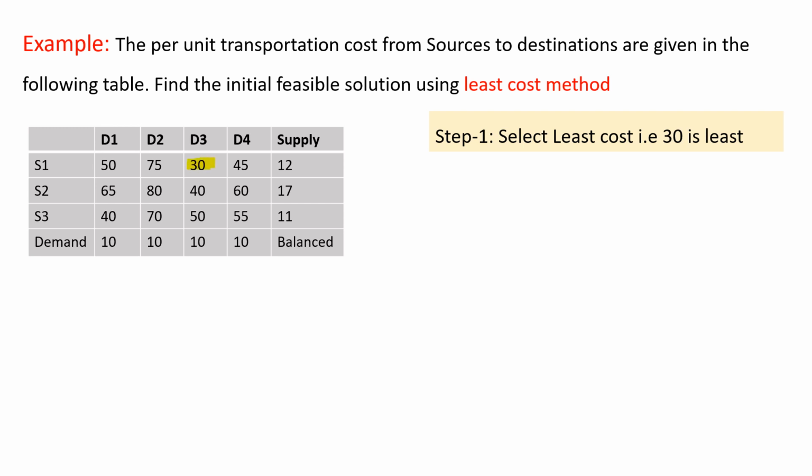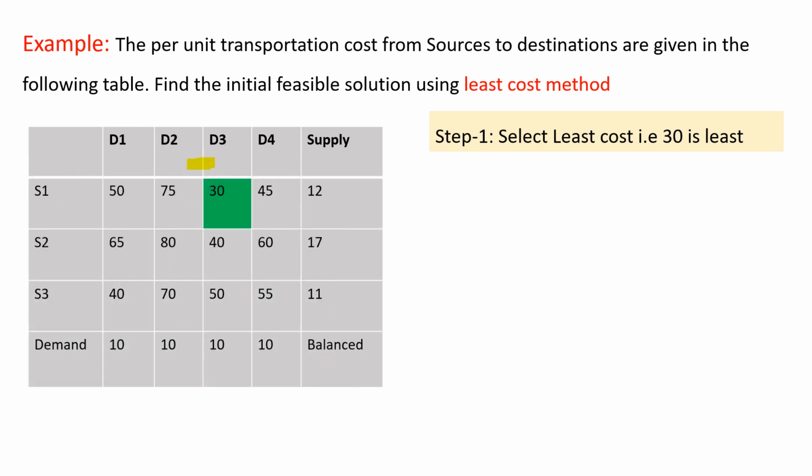After selecting the least cost, the next step is assigning for this cell. So we have to assign 10 because 10 is smaller than 12. The second step is to allocate to the cell.